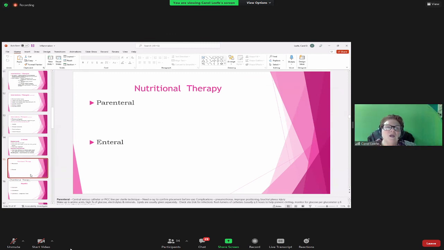And then you can lay them flat, pull them up, turn them, get them situated, and put them back up with the head of the bed at 30 degrees or greater. And then once they're settled, you restart the pump again. That way the enteral feeding doesn't come up from the stomach and end up with GERD, and they aspirate tube feeding and can end up with aspiration pneumonia.